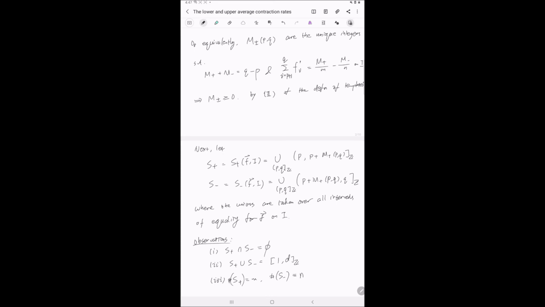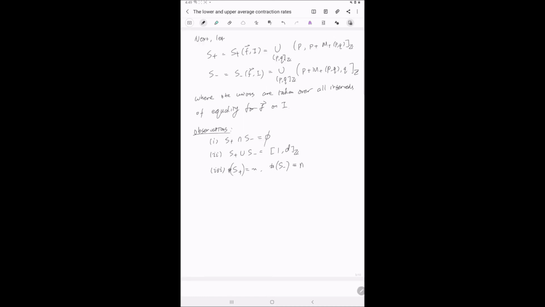And finally, we can give the definition of the lower and upper average contraction rates. Let little delta of I be the number of pairs in the product set of S plus and S minus, where i plus is less than i minus. This is an integer between 0 and m times n.